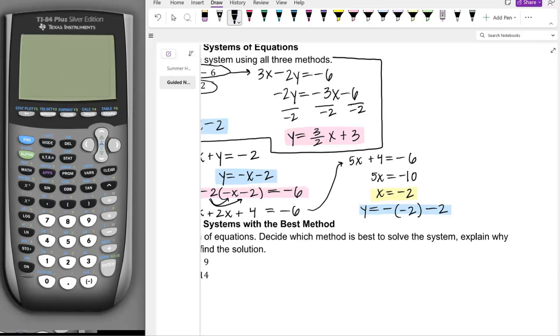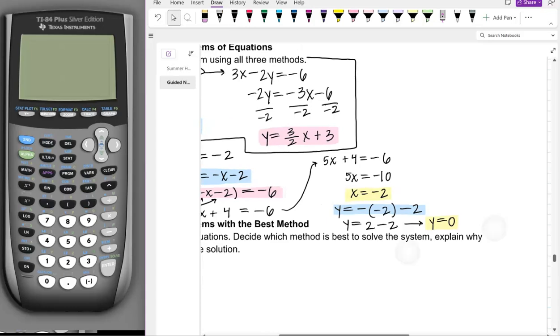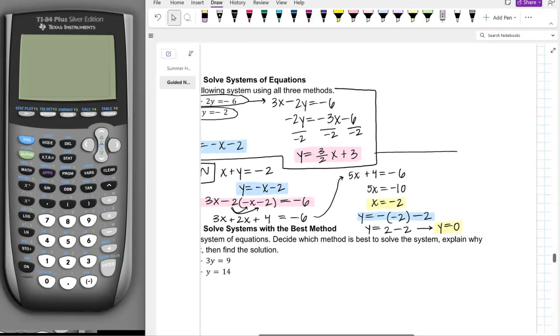You can plug it into either equation, but since y is already by itself here, it makes sense to plug it into this one. So we simplify that, y equals 2 minus 2, so y equals 0. Notice we got the same thing as we did graphically. X equals -2 and y equals 0.